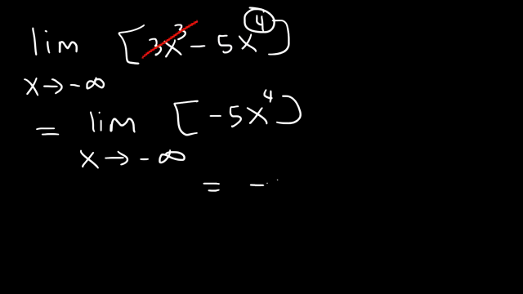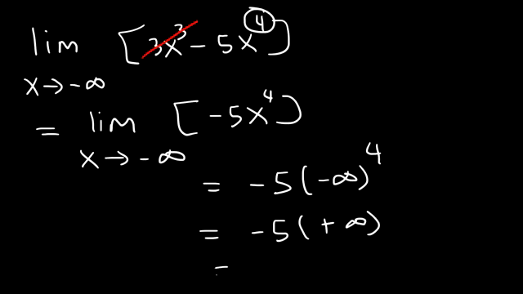And so that's going to be negative 5 times negative infinity to the fourth power. To the fourth power, any negative number will become positive. And negative 5 times positive infinity is going to be a very large negative number. So we're going to say that's negative infinity. And so that's the answer.